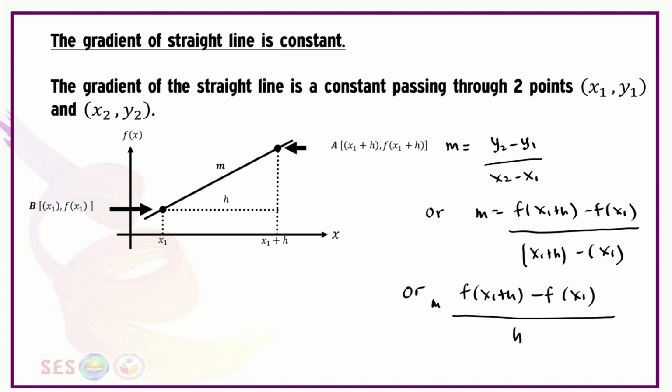So we write m here. The gradient of a straight line is constant passing through 2 points.